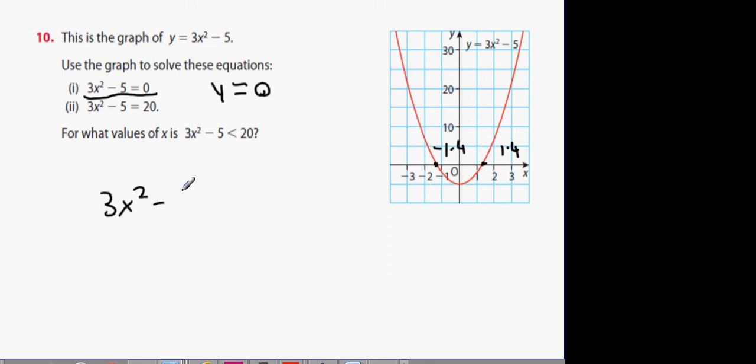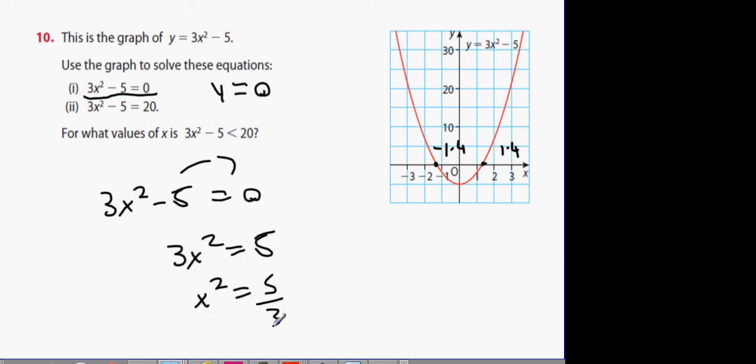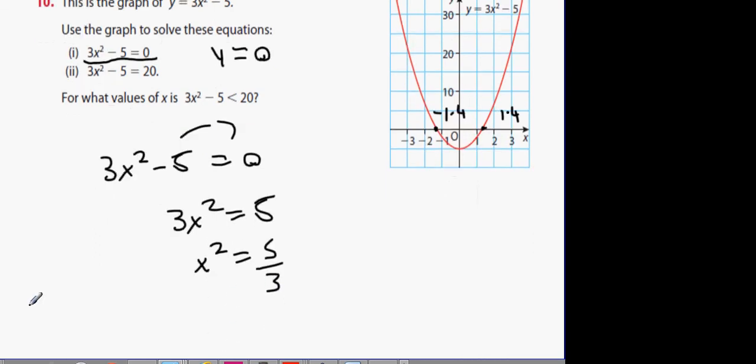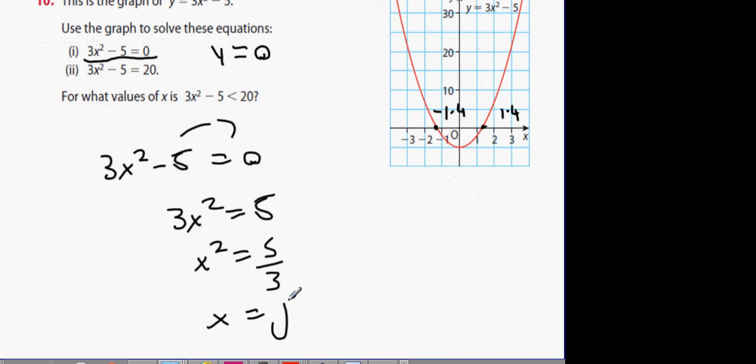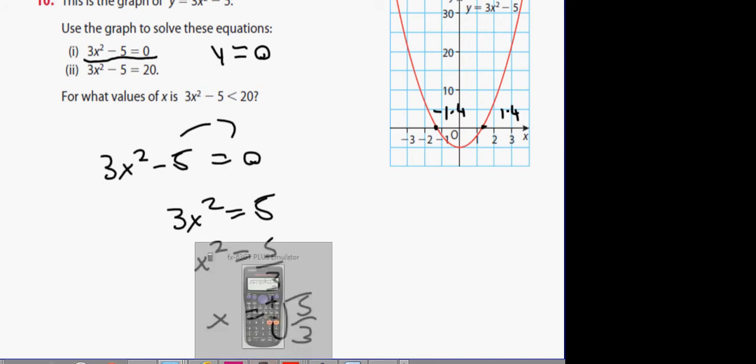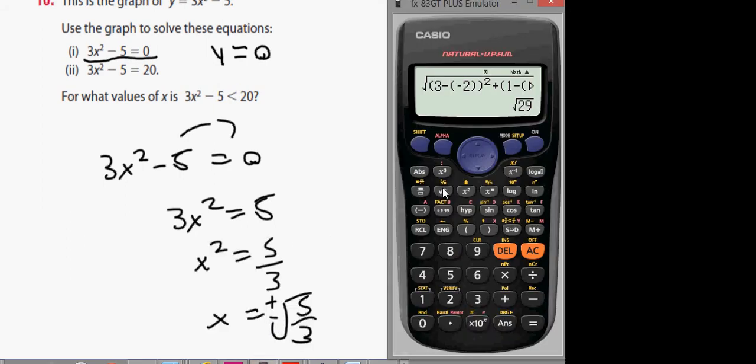How would you figure out for sure? 3x squared minus 5 equals 0. 3x squared equals 5. X squared equals 5 over 3. X therefore is the square root of 5 over 3, or plus or minus the square root of 5 over 3. What's the root of 5 over 3? 1.29. Okay.